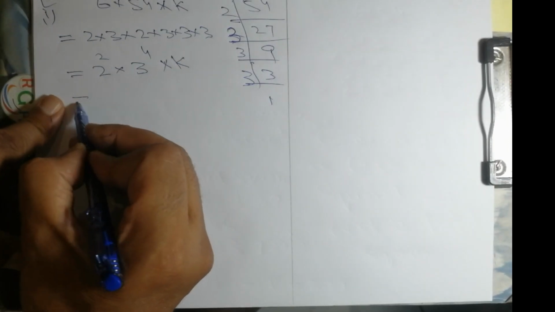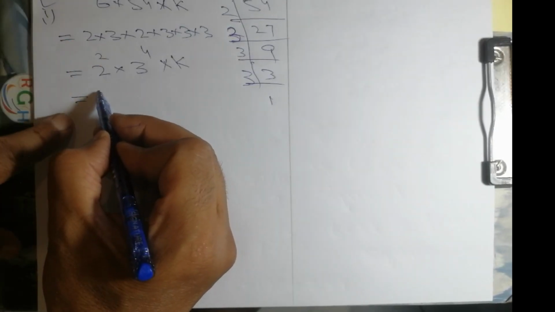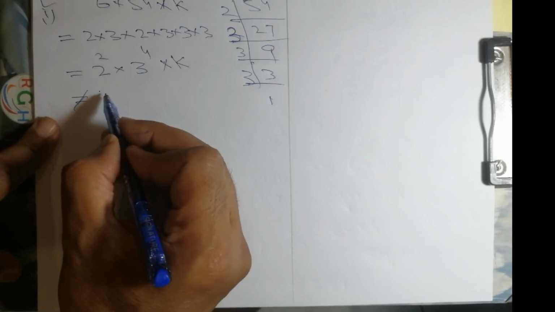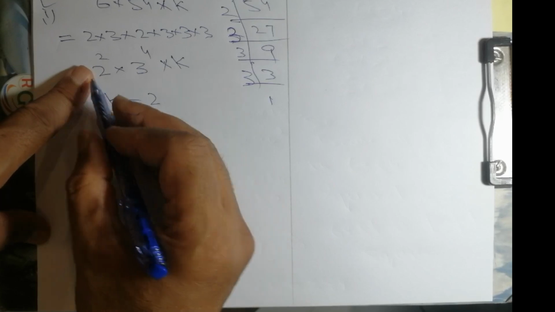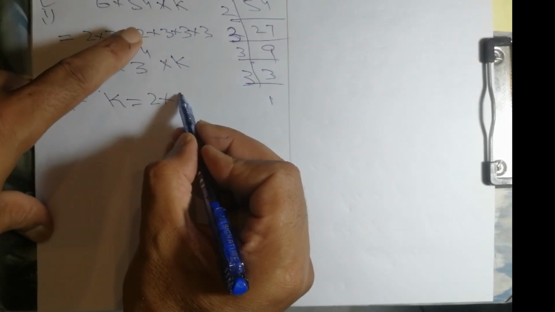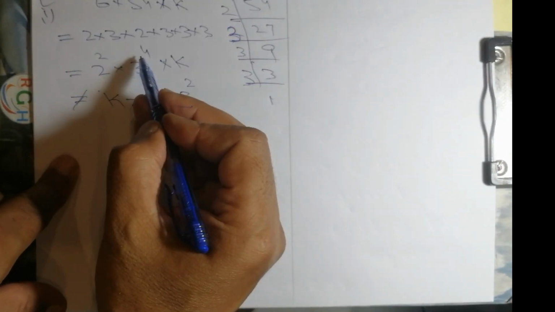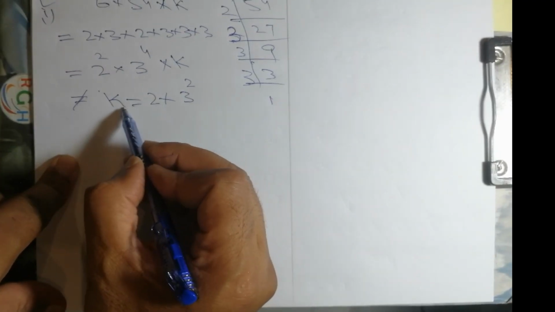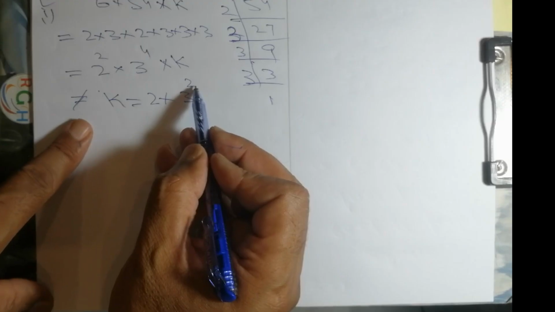If we multiply this by 2 more, it will be 2 cubed and 3 squared, because we need to make the powers a multiple of 3. So it means K should be 2 into 3 squared.